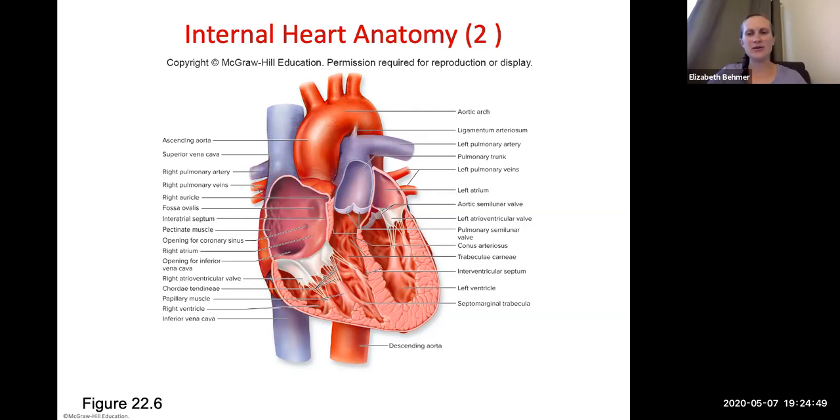Yeah, patent ductus arteriosus. I think the hole in the heart is right between the atria, but I'm not sure. I think so, because I was reading that and I was looking at this diagram to see exactly where it was, and I think you're right. Yeah, I would have to look a little more into that.